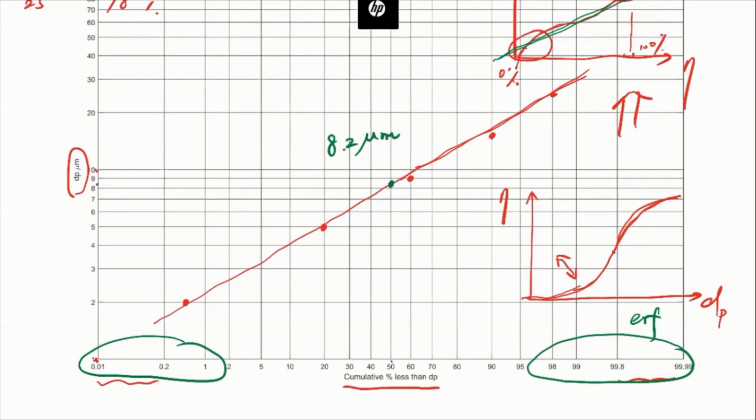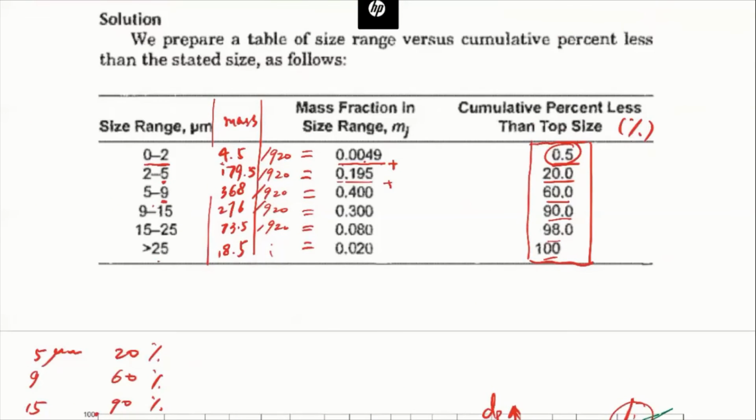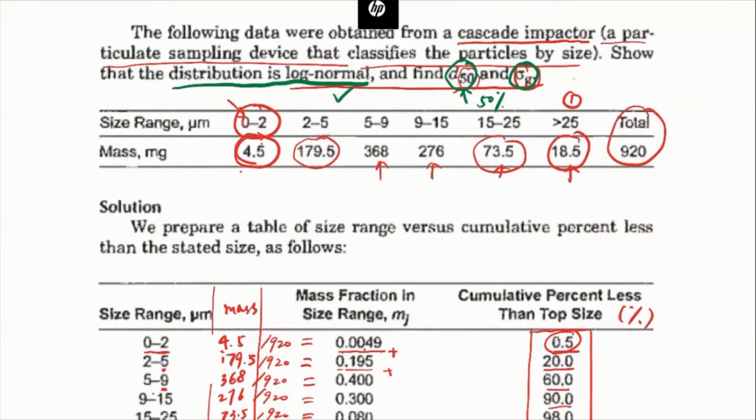So this is D50, and this is also DPG, right? We mentioned when the particle size is equal to the geometric mean, then the cumulative mass fraction is 50%. So now we just need to solve for sigma g.